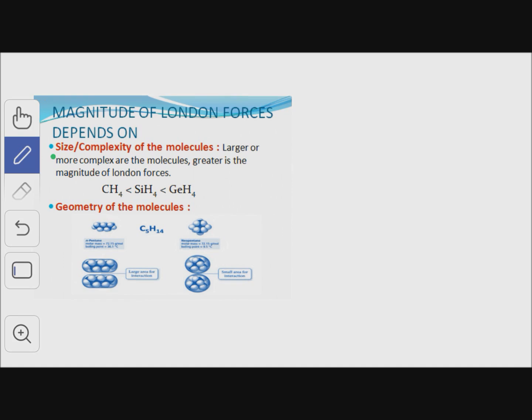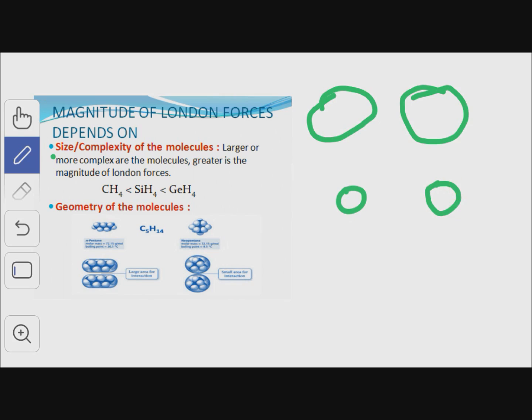When their sizes are larger, they get easily distorted like this. Suppose these are two molecules having larger size and these are of smaller size. They get easily polarized when they come close to each other. But with small size, they take some time to get polarized.